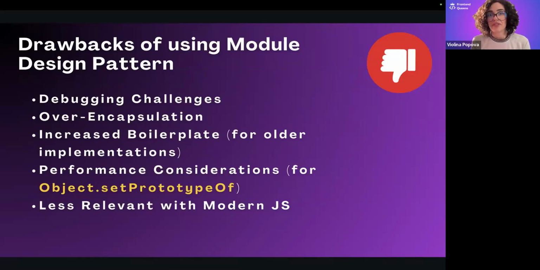Similarly, private class fields offer direct private members within class contexts. This pattern is still important for understanding JavaScript's history and core concepts, but the direct ES modules are now generally preferred for new code.